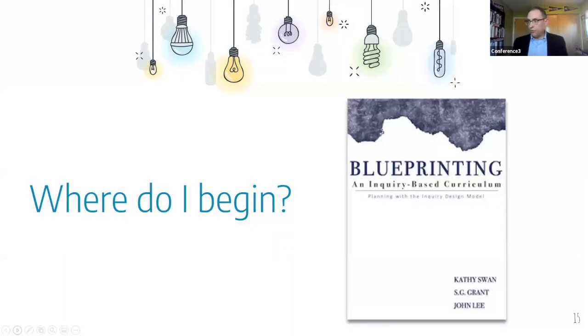And this comes from the blueprinting book by Kathy Swan, S.G. Grant, and John Lee. This is their newest publication, and in this book, and I highly recommend that you get this, they have created unique, specialized IDM models.